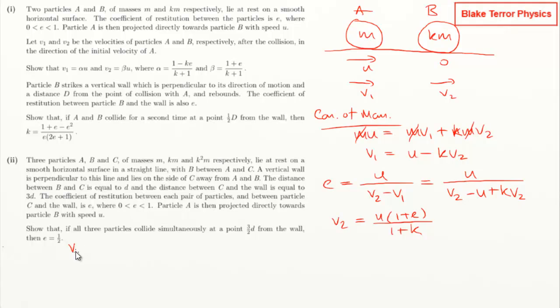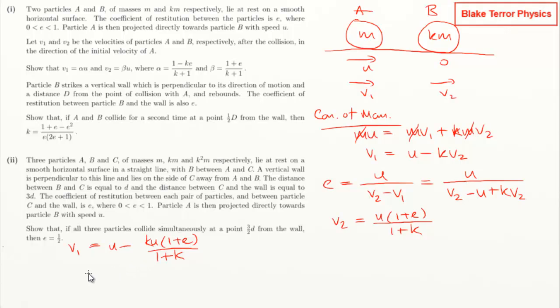And then I've got that v1 is u minus k lots of that. So ku(1 plus e) over 1 plus k.